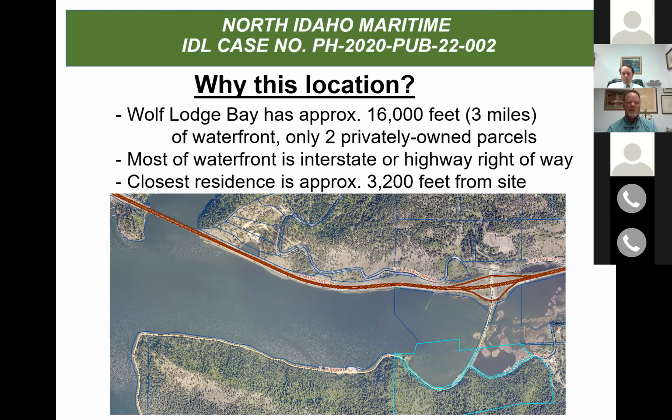The closest residence is 3,200 feet away, over a half a mile. If you look very closely on that photo, there's a red dot at the right-hand edge of the screen. That is the closest residence, over a half mile away.